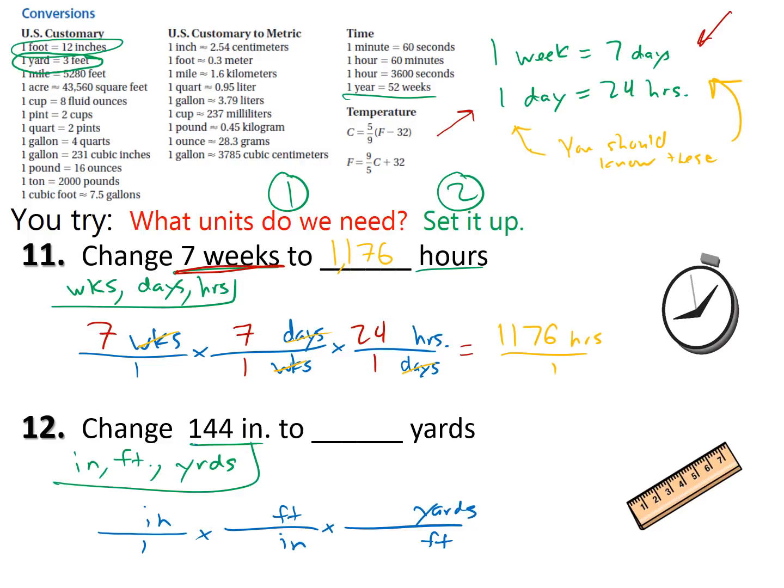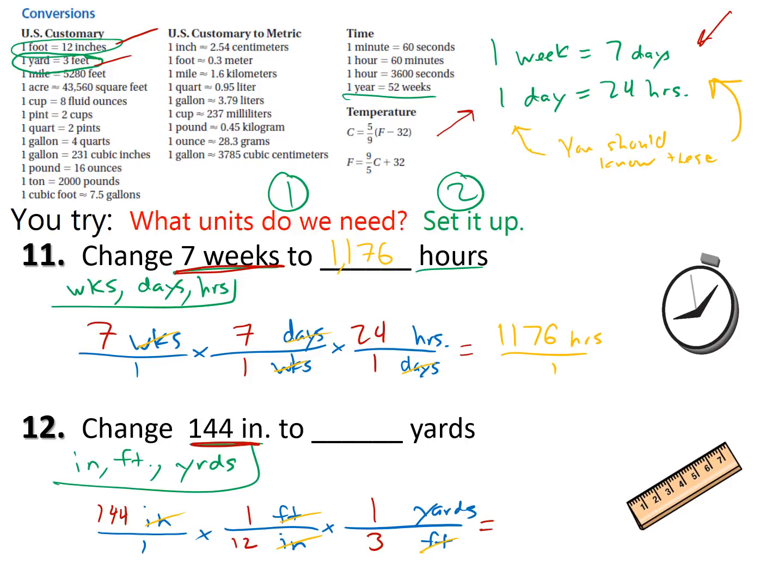Now I just need to plug in the numbers that were given. First off, I was given 144 inches, and then my conversion factor says 1 foot is 12 inches. My other conversion factor says 3 feet to 1 yard. Now before we do much, we want to double check that our units will in fact cancel. Inches, inches, feet, feet.